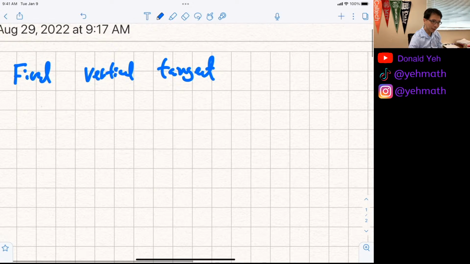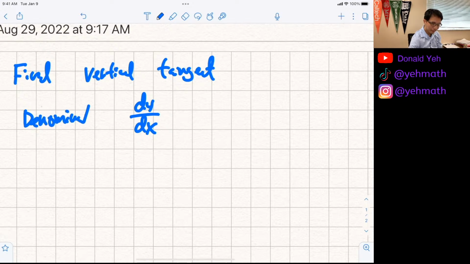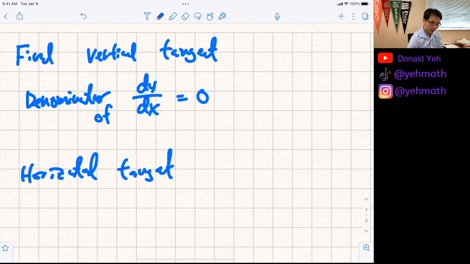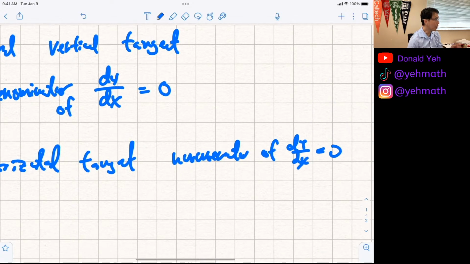So the denominator of dy/dx is equal to 0. Not the numerator. Numerator equal to 0 is what? Horizontal. Yes. Horizontal tangent is numerator of dy/dx equal to 0. So please know those two things.